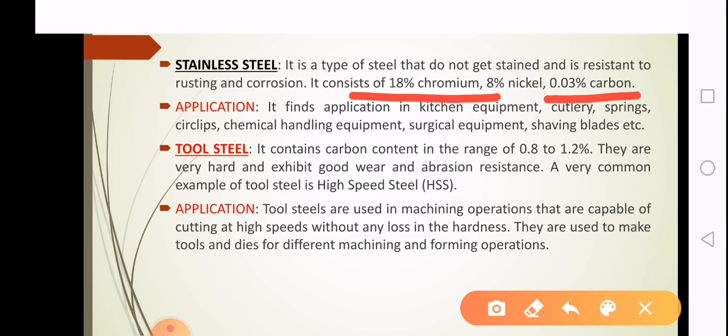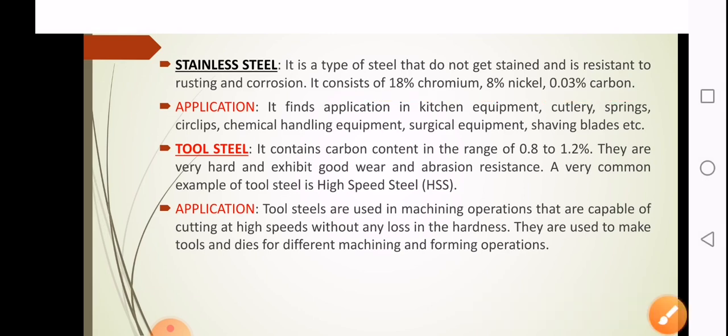When chromium is added, for example, you may have come across chromium plating, a shiny surface is generated. Most components made of stainless steel are very shiny in appearance. So it finds application in kitchen equipment, cutlery, springs, chemical handling equipment, surgical equipment, and so on.